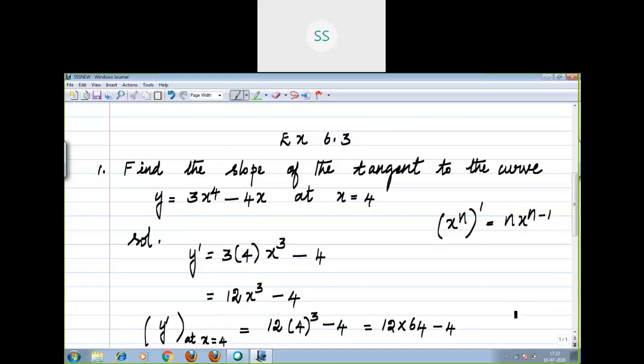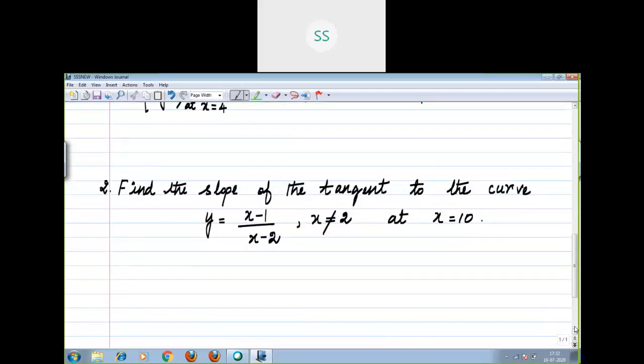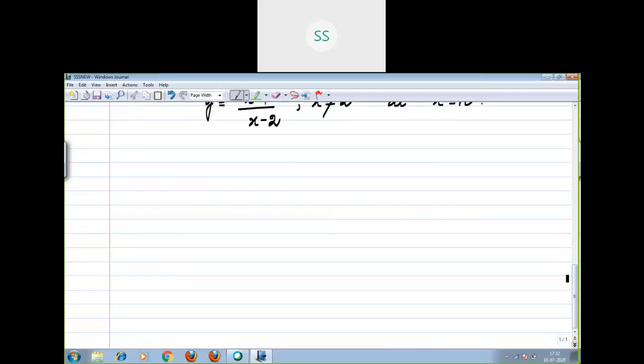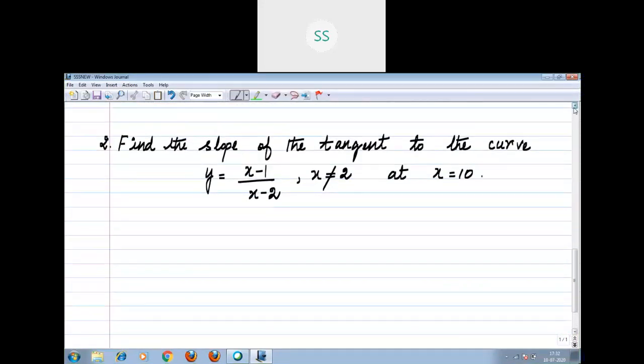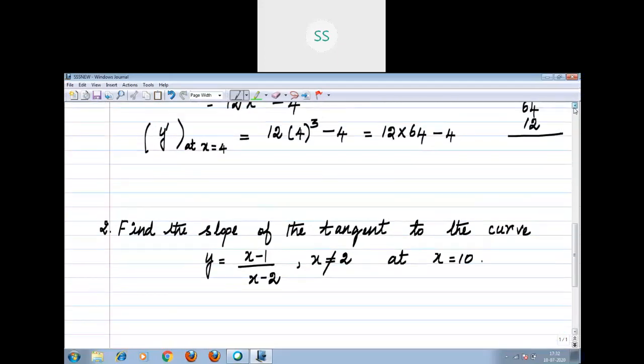The calculation you have to do on the right side. That is safe for you, right? If you are doing like this, you will not commit any mistake. Even though you are very good in multiplication also, no problem, you have to do the calculation on the right side, right?